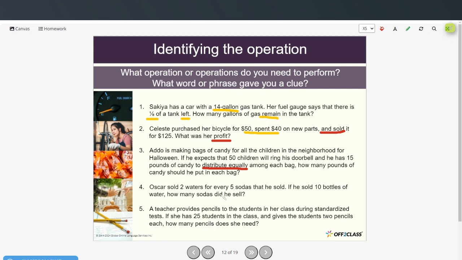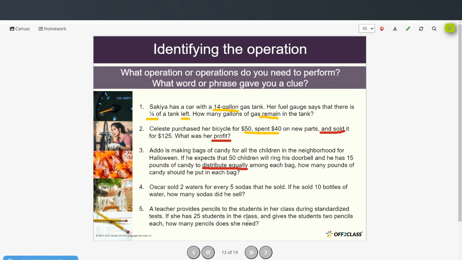Oscar sold 2 waters for every 5 sodas that he sold. If he sold 10 bottles of water, how many sodas did he sell? So this would be a combination, I think, of multiplication and then division.